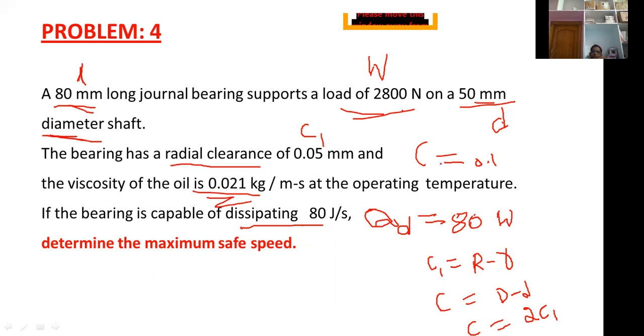By using these details, you have to find the value of maximum safe speed, that is capital N. By using the value of length, load, diameter, C1 and Z, you have to find the value of maximum speed, that is N, in revolutions per minute.